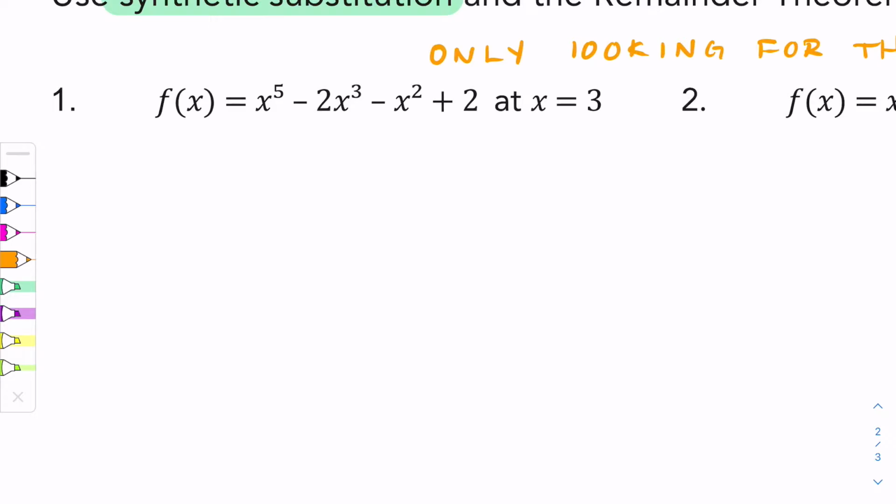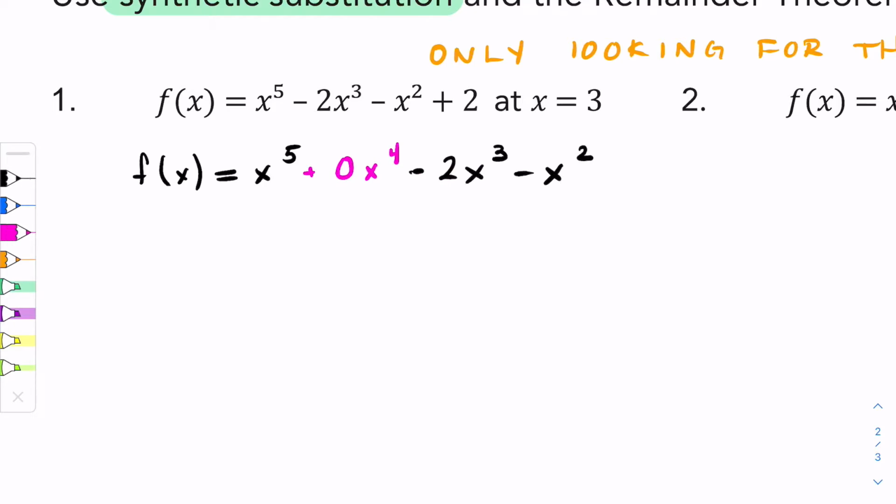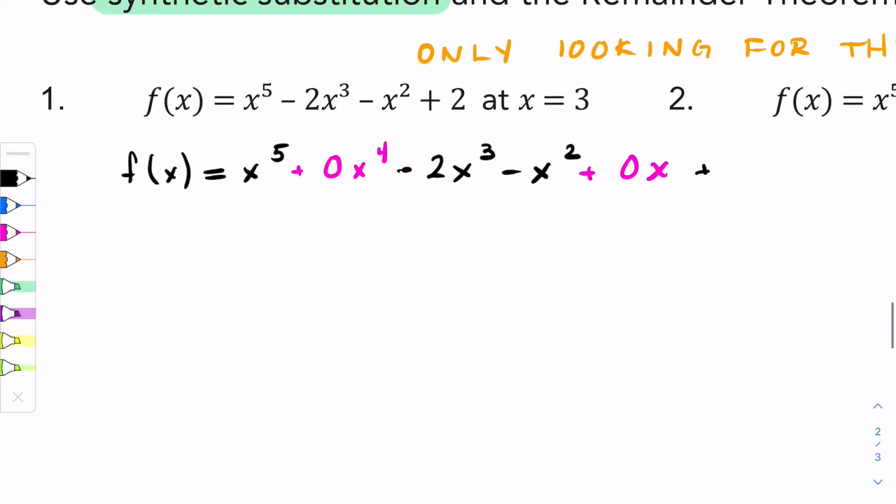Number 1 says x to the 5th minus 2x cubed minus x squared plus 2, and we're evaluating it at x equals 3. We do have to make sure we include all terms, so rewriting this as x to the 5th plus 0x to the 4th, because we're missing that term, minus 2x cubed minus x squared plus 0x plus 2 will be helpful.